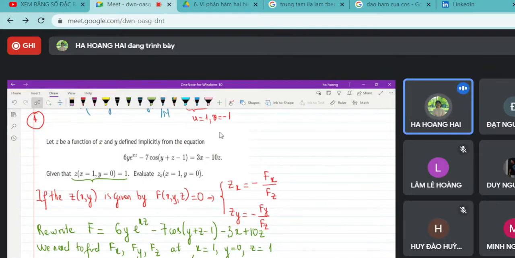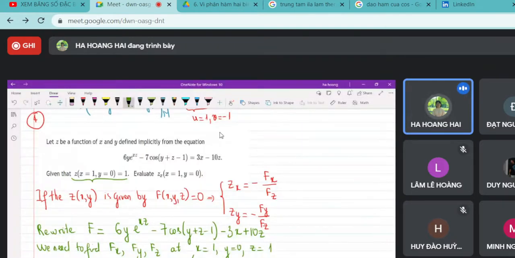About fy at 1, 0, 1, we fix x and z, so we have e, right? Minus 7 cosine. If we keep y here and replace z by 1, we remain only cosine y.